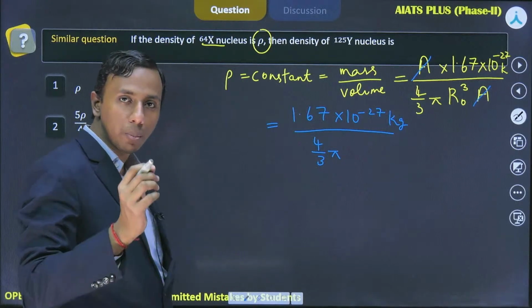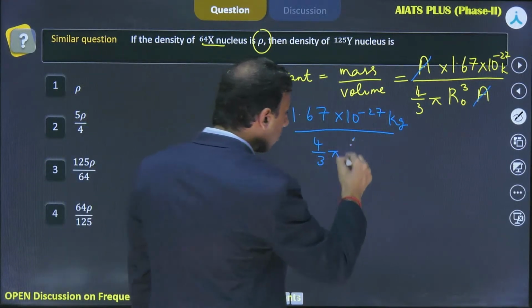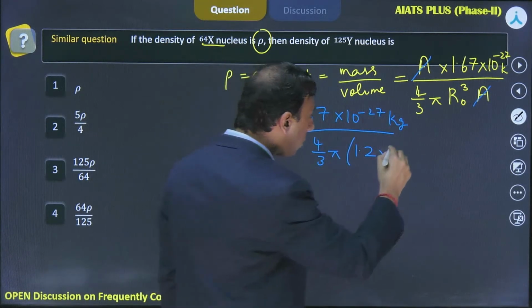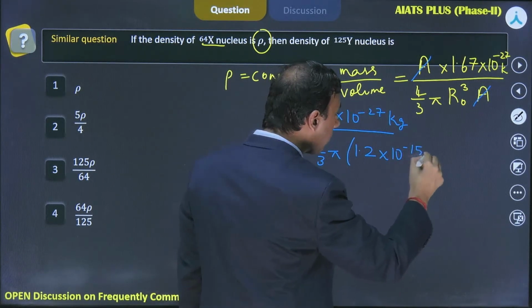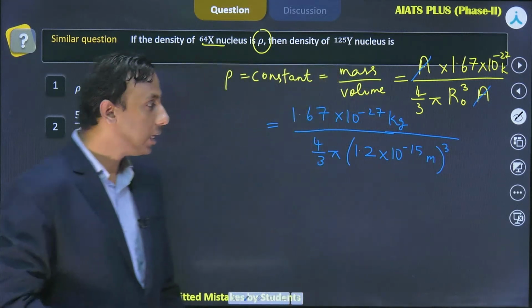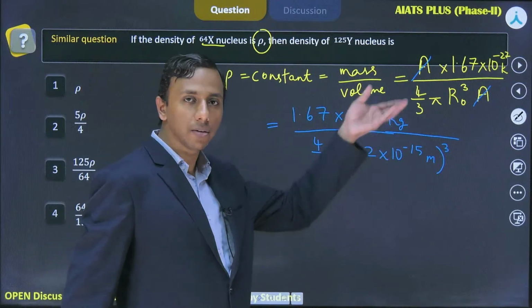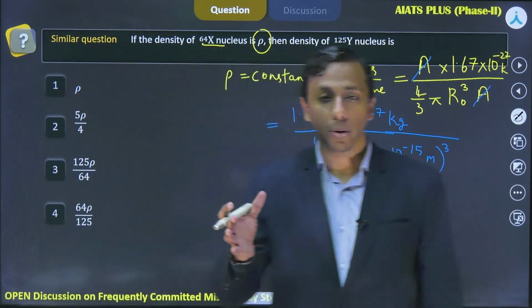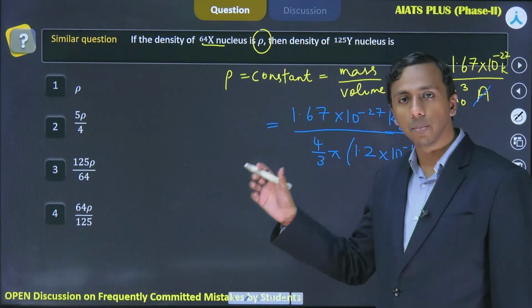R naught, as you know, is 1.2 Fermi, so 1.2 into Fermi, and Fermi is 10 raised to the power minus 15 meter, whole cube. If you solve it, the answer will come in kg per meter cube. Some constant value will come. That value is not important, but this concept is important, that rho remains the same.